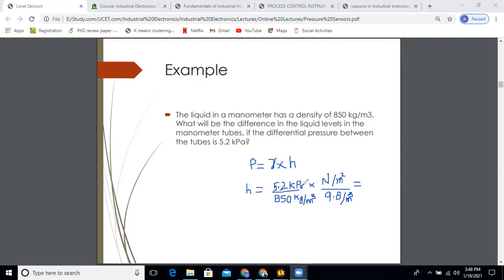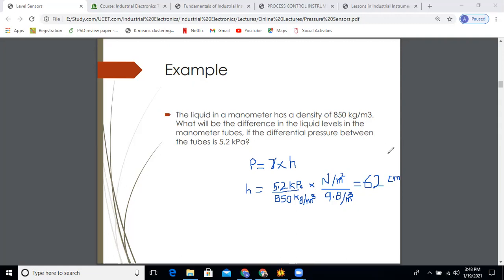By converting these units, the difference will be approximately 60.2 centimeters. So this is the result we have seen here.